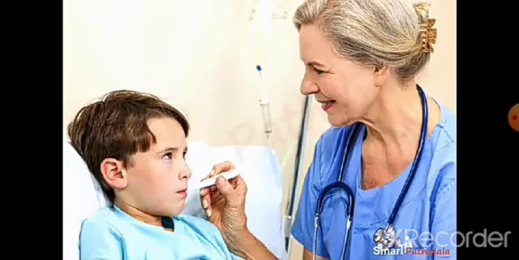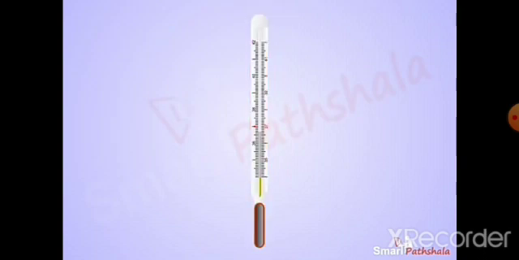Now, let us discuss the structure of a clinical thermometer. A clinical thermometer consists of a long, narrow, uniform glass tube. It has a bulb at one end. This bulb contains mercury. Outside the bulb, a small shining thread of mercury is present.